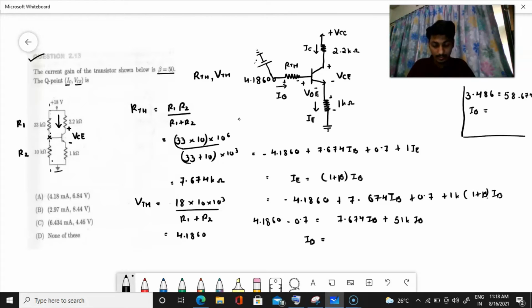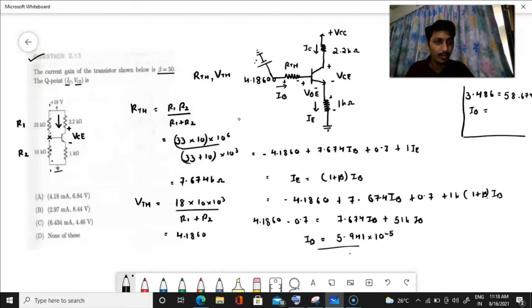If we simplify this, 3.486 divided by 58.674 into 10 raised to 3, IB comes out to be 5.941 into 10 raised to minus 5. This is your IB current.